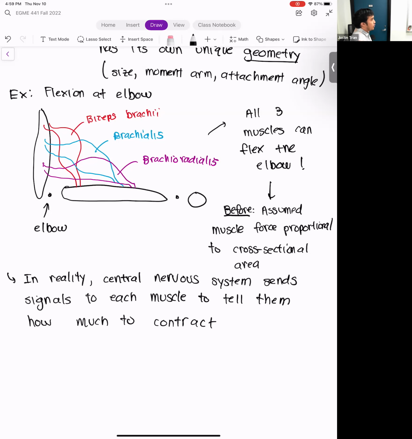But the central nervous system knows that some muscles are able to exert more force than others, just because of their size, right?